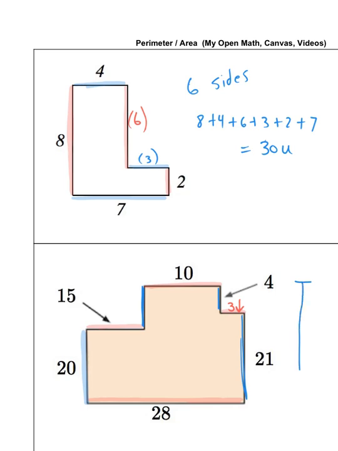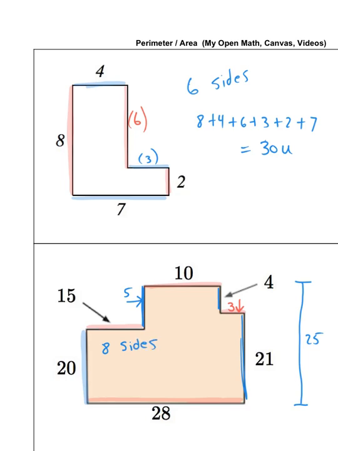So from the top all the way down to the bottom, if I add up the 21 and the 4, this whole length has to be 25. So right here, this 20 and this missing piece have to add up to 25. So this piece right here has to be 5. Okay, so now we have 8 sides to add up for our perimeter.